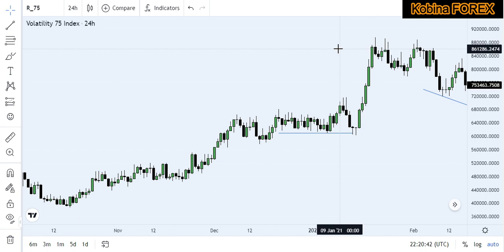I want to take you through how liquidity runs happen on the market. In perspective, we are looking at the Volatility 75 synthetic index. Let's look at how liquidity runs play on the market and how to identify them.